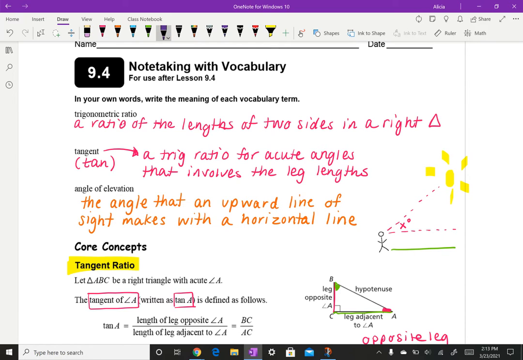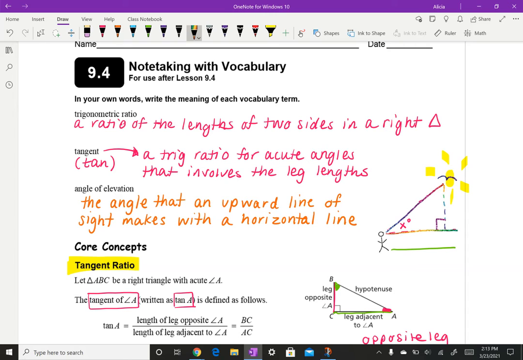Now, the reason this is part of this section is that between their straight line of sight and the line of sight upward, if I connect those, I now have a right angle. So we can use trig ratios to help us find how high up someone's looking at something, like a bird, the top of a building, or the top of a tree.